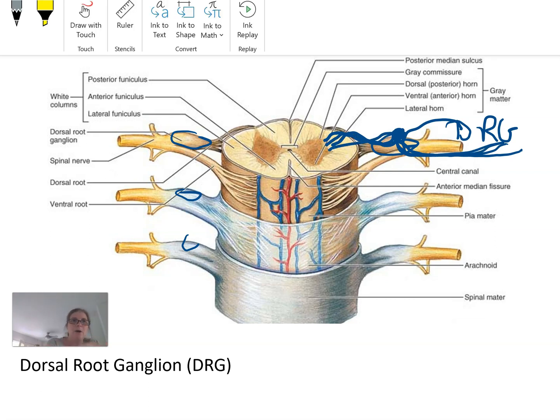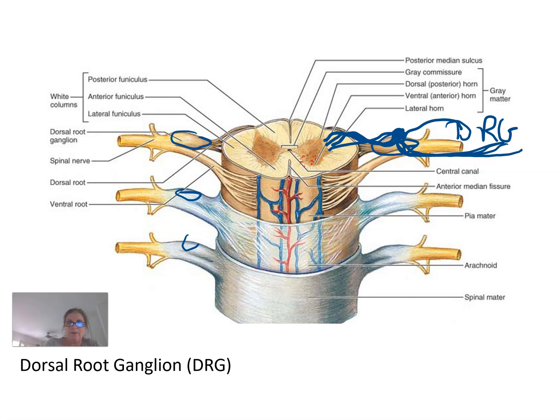If we're looking at motor, what we just showed for somatic motor, remember that somatic motor cell bodies are in the ventral horn and they go out the anterior portion. So when we look at our roots, they are either sensory or motor. Notice that the ventral root or anterior root is always going to be motor. It's always carrying information away from the spinal cord, whereas our dorsal root is always sensory.